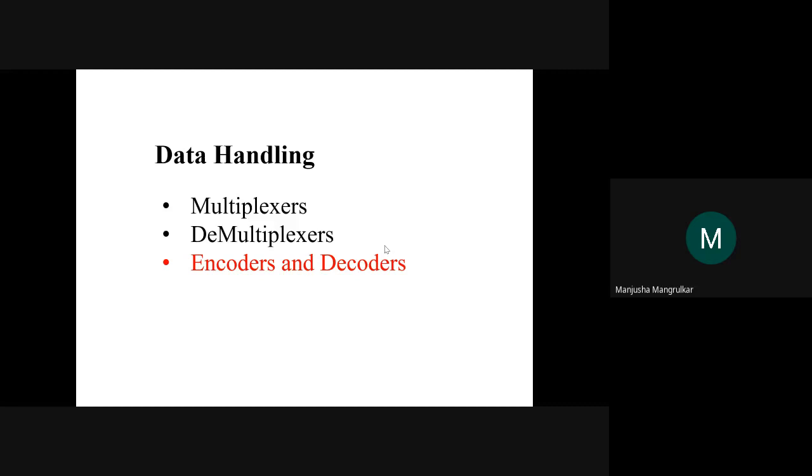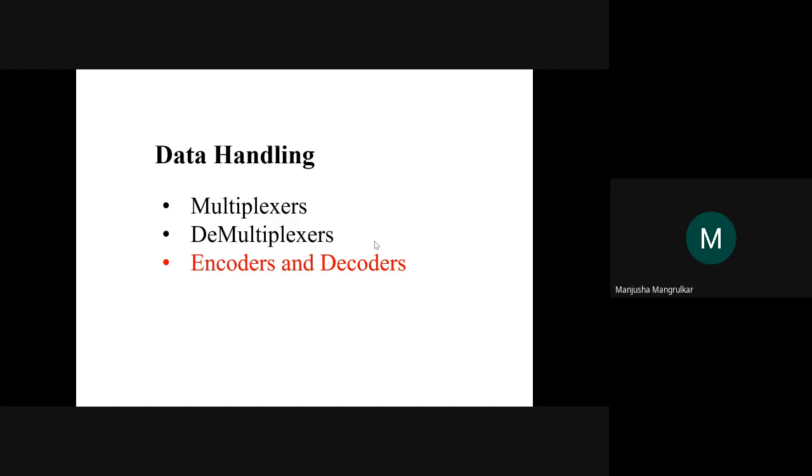We have seen 1 to 2 multiplexer, 1 to 4, 1 to 8, 1 to 16, 1 to 32. Even a 1 to n multiplexer we can design by using other multiplexers. For example, if we want a 1 to 4 multiplexer but have only 1 to 2 available, we can design it by using 1 to 2 multiplexers that we saw in the last lecture.